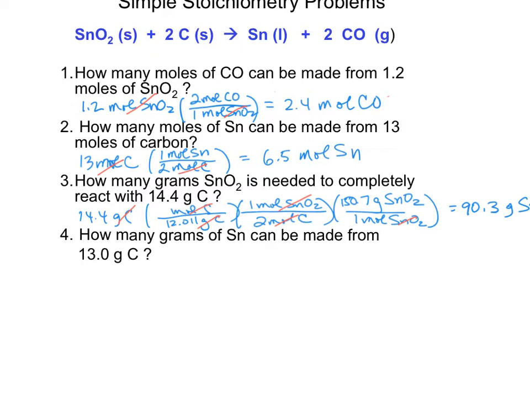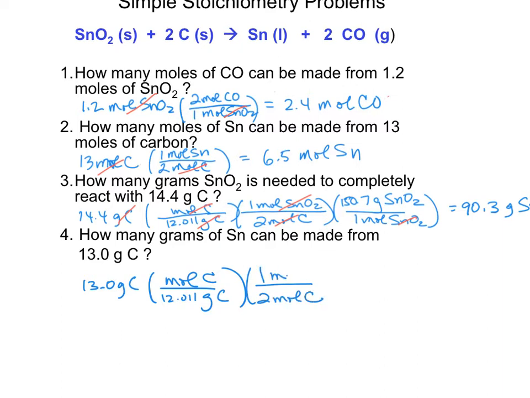Once you get your moles of tin, then you're going to go back to grams. Okay. So for this one, start with what you have, 13 grams of carbon, and use 12.011 grams of carbon per mole of carbon. Then you want to say that there are 2 moles of carbon for every 1 mole of tin. And then you want to go to grams of tin.